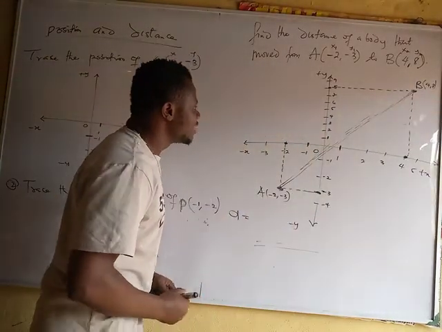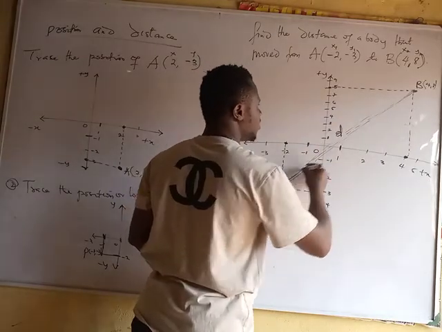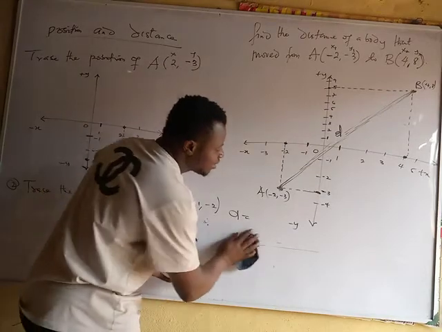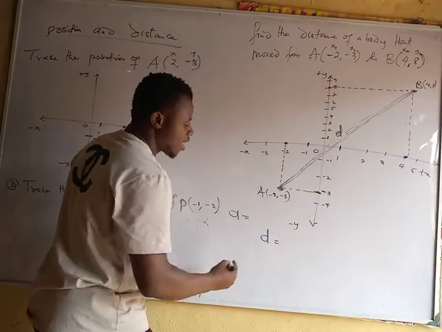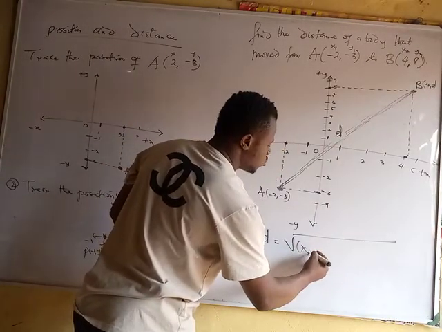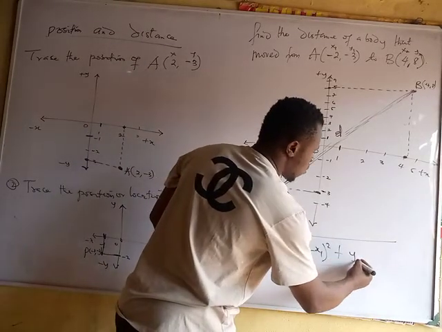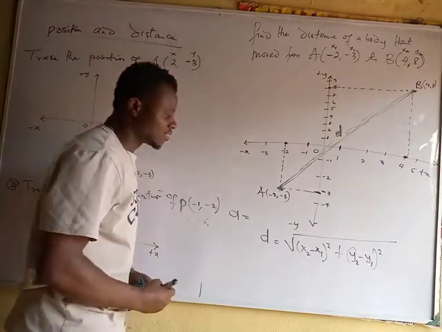In that case, this becomes the distance of the body from A to B. Now to calculate that distance, we have a formula: square root of (S2 minus S1) square plus (Y2 minus Y1) square as the distance.